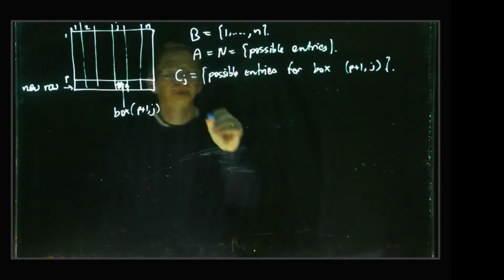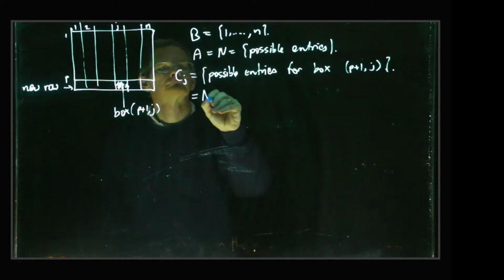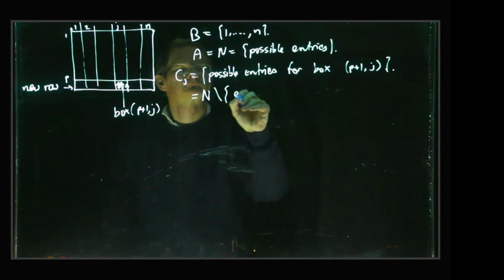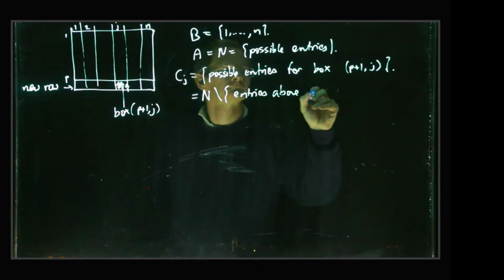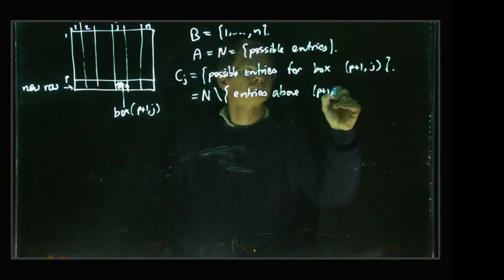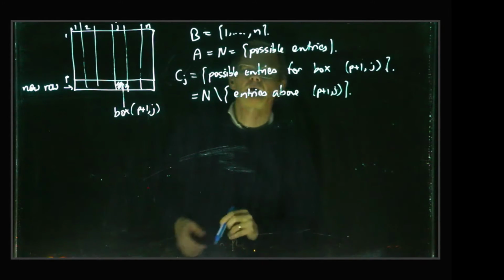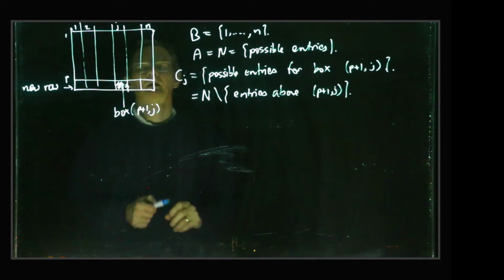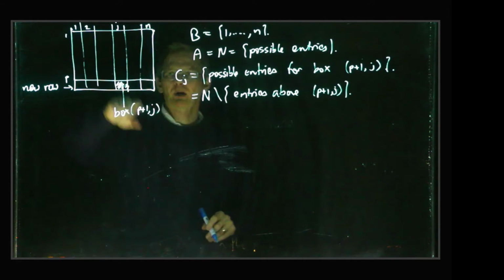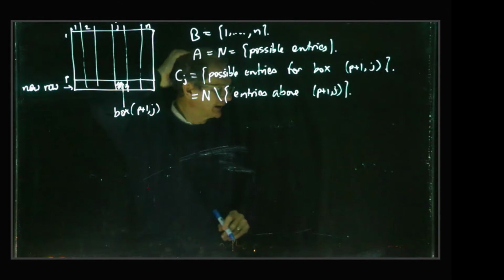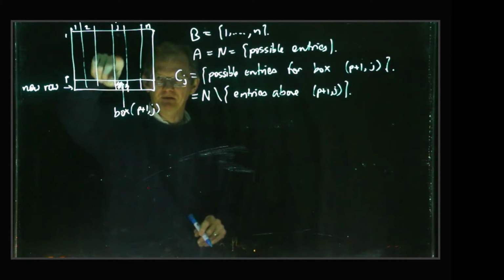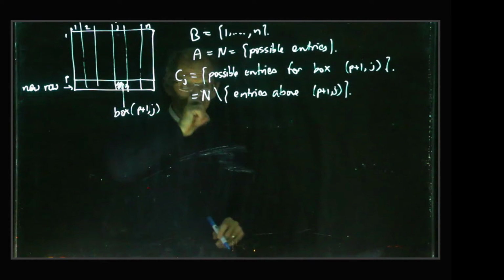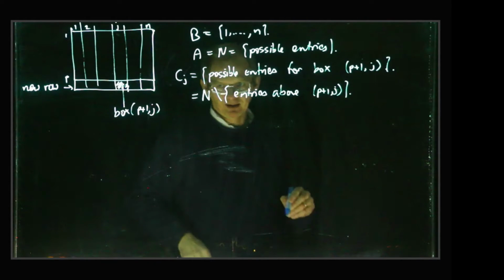So what can we put here? Well, things that we're allowed to put there, with the Latin square property, we're not allowed to have any repetitions in any column. So we're not allowed to have any of the stuff that appears above this box.